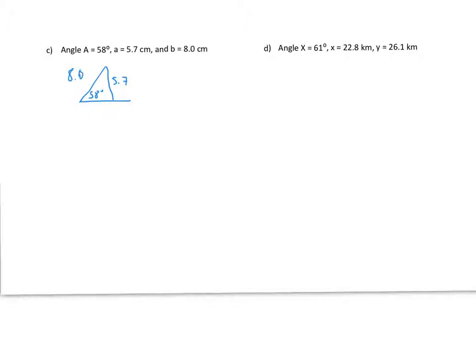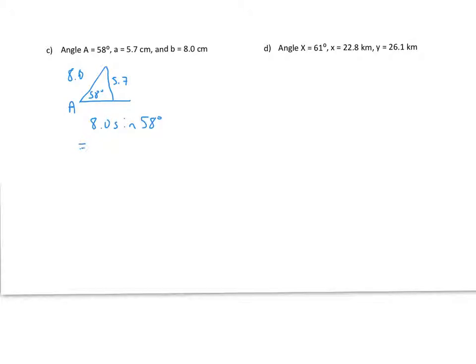There's potential for two solutions or potential for no solutions. We're going to check B sine A: 8.0 times the sine of 58 degrees.